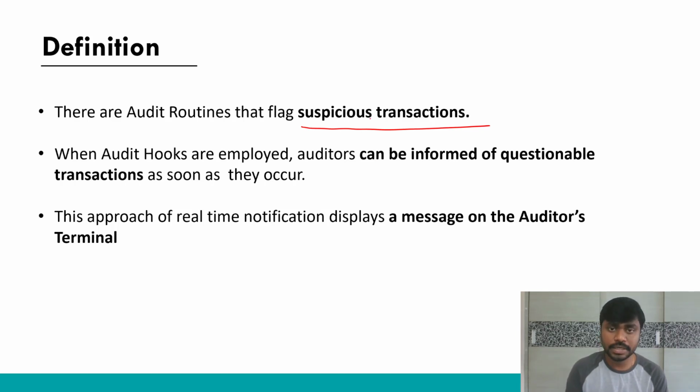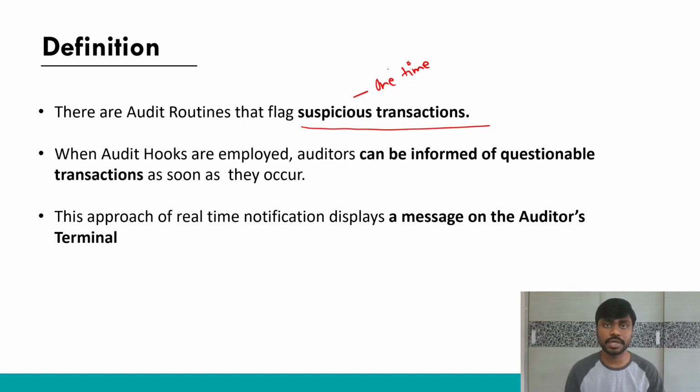For example, let's say I have one supplier. In many ERPs you have this functionality: I categorize that supplier as a one-time supplier, meaning I'm not going to deal with the supplier again and again. But I create an audit hook which says, find any transaction with suppliers who are one-time suppliers but have more invoices.